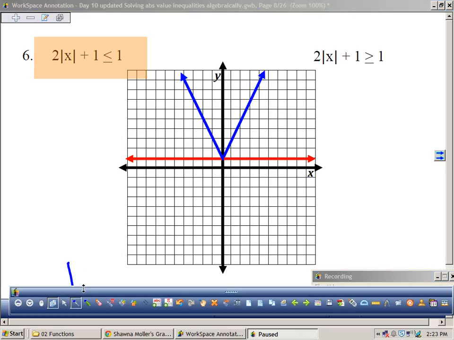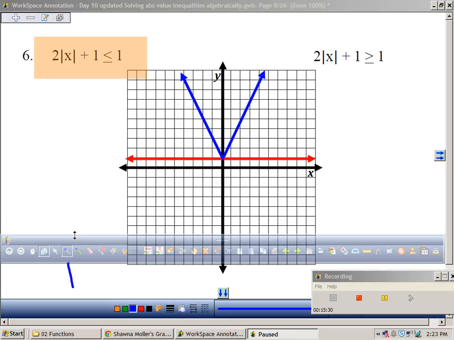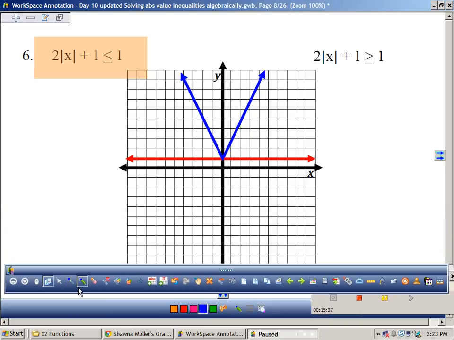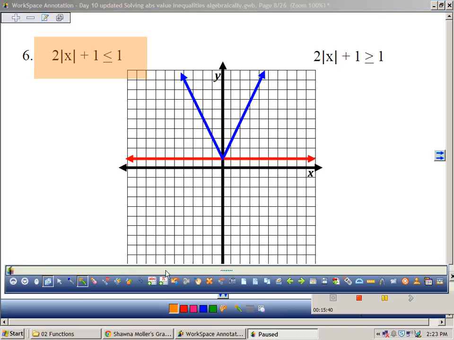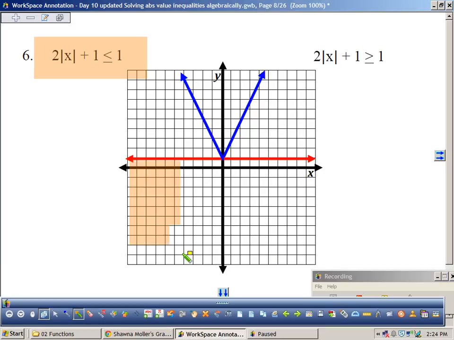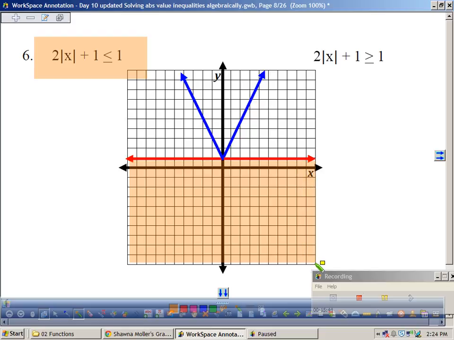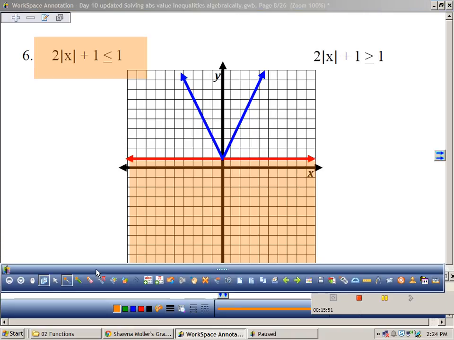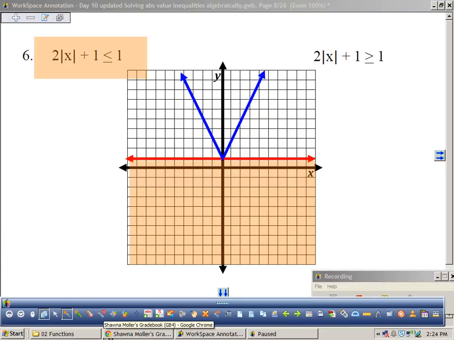Okay, guys. Check this out. Let's look at it graphically first. So if I were to shade, we're talking less than. So if I were to shade everything less than the graph, is it interacting with the graph at all?